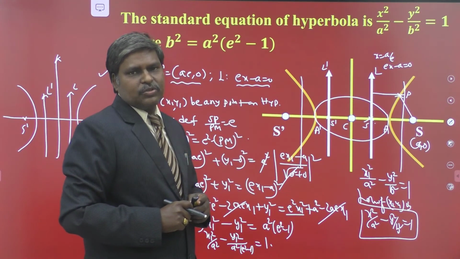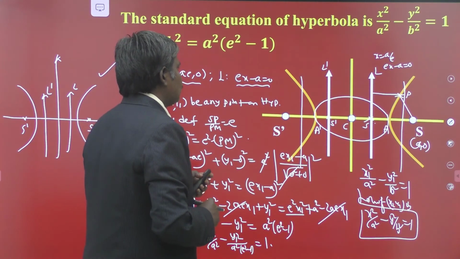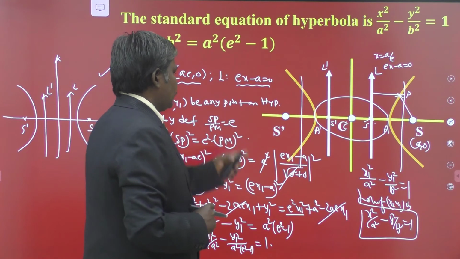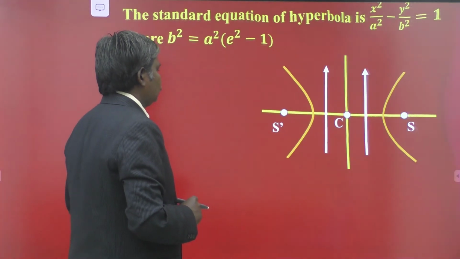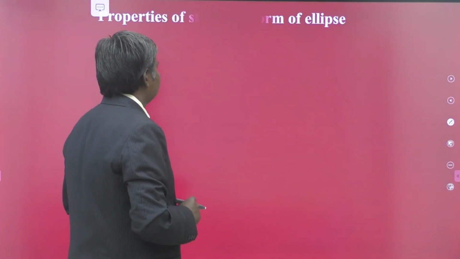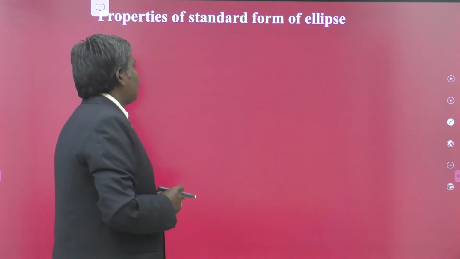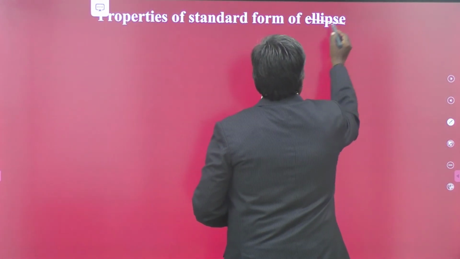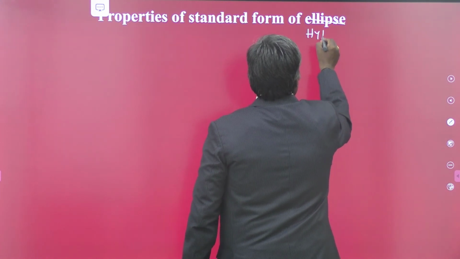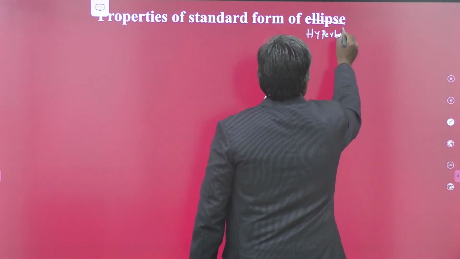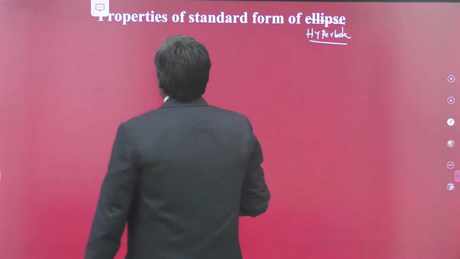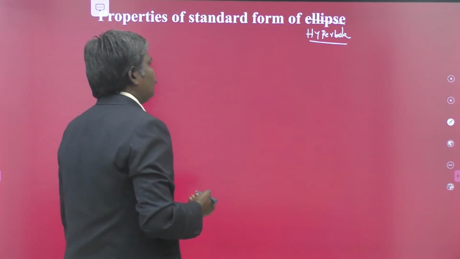X square by a square minus y square by b square is equal to 1. That is the center of the hyperbola. Now, properties of the standard form of the hyperbola. Already we discussed the properties of the standard form of the ellipse.